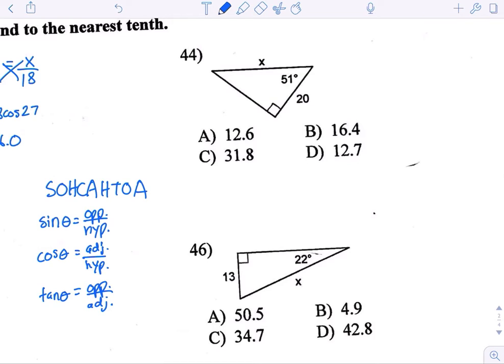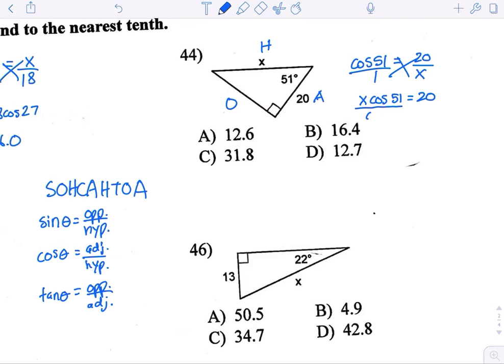44. In the perspective of this angle, right? So we have opposite, adjacent, hypotenuse. We're using A and H again, so cosine of 51 is equal to adjacent over hypotenuse, so 20 over x, all over 1. Cross multiply, so x cosine of 51 is equal to 20.